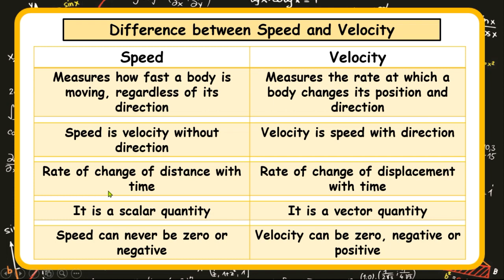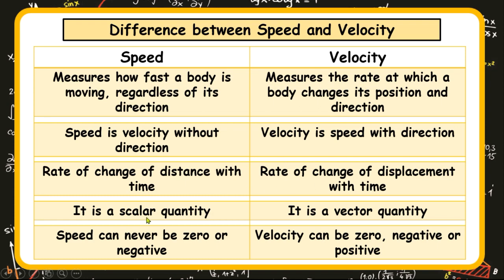The third difference is that speed is the rate of change of distance with time. So mathematically, it is expressed as distance traveled over time taken. Whereas velocity is expressed as displacement over time. So the rate of change of displacement with time.